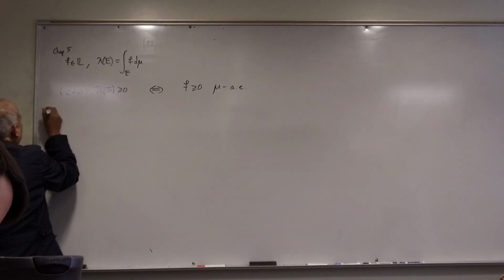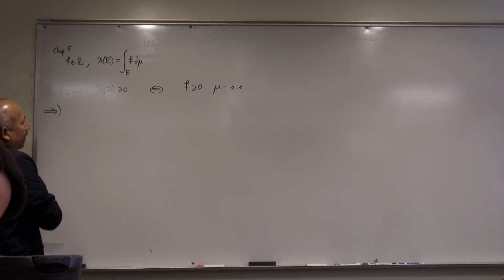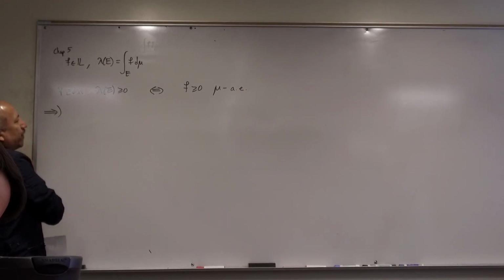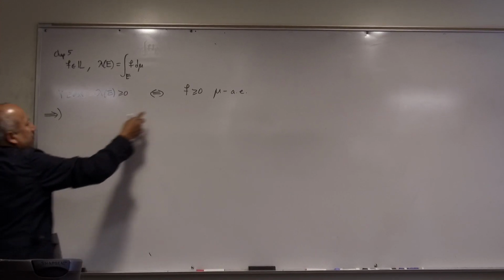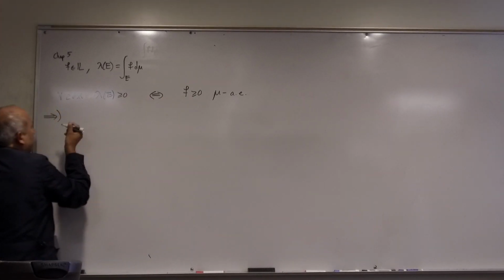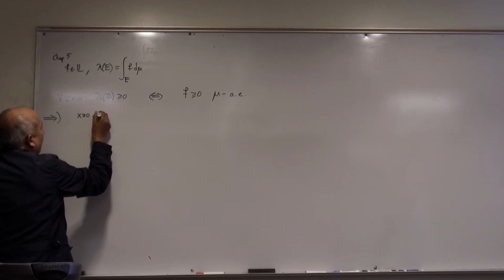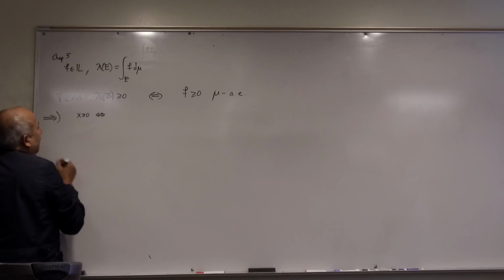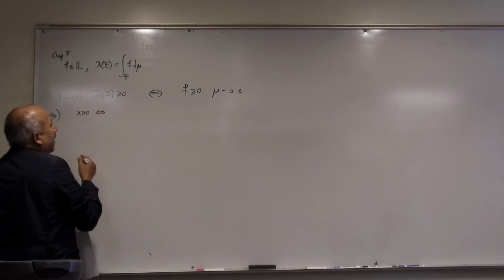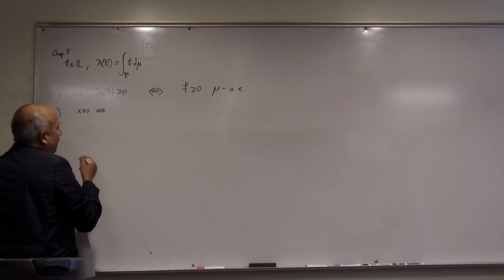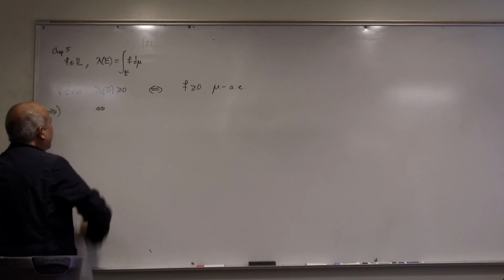So let's do one direction. Here the trick is to check a number, forget about the function. Think of this fact: a number is greater than or equal to 0 if and only if... actually, let's do it the other way around.